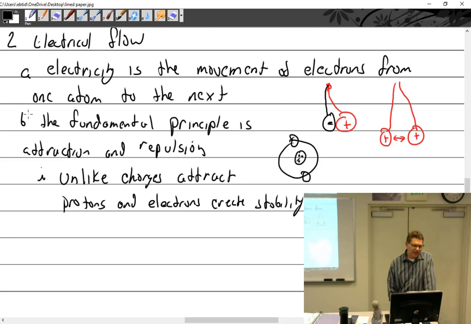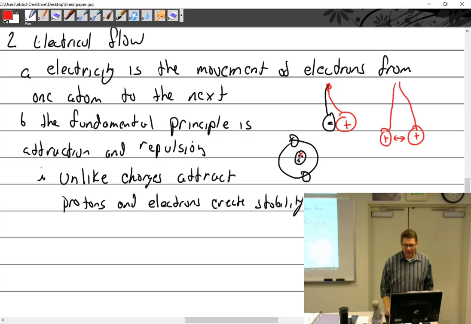We have the positive on the inside and the negative on the outside, and so are they attracted or repelled? Attracted. The electron is actually attracted to the nucleus, but it doesn't just pop in there and stick, because there's energy with these electrons going around. If they came to a stop and lost their energy, they would get sucked right into the middle. But they're buzzing around, and so they have too much energy to just be yanked back in, but they are attracted.